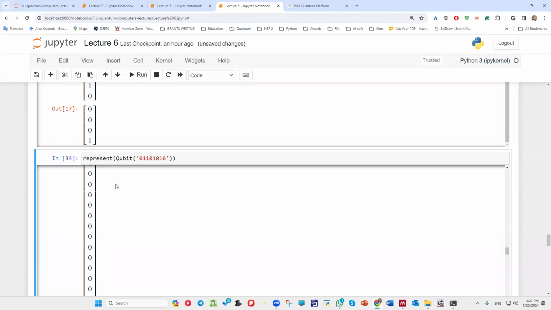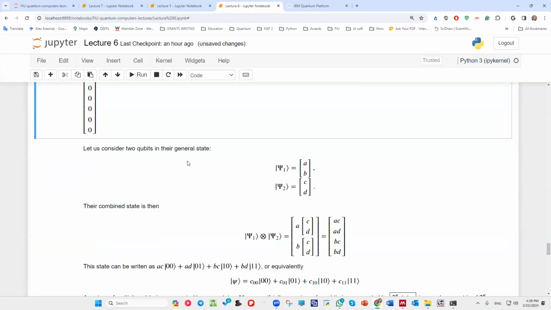And the position of this unit is given by this string of zeros and ones in the decimal form. It should be pretty clear.